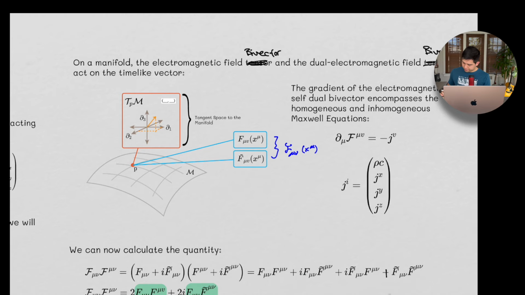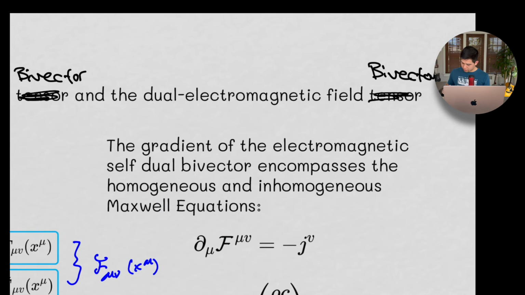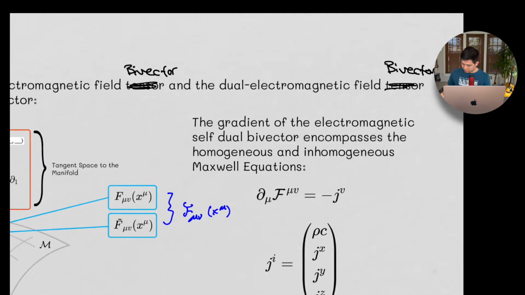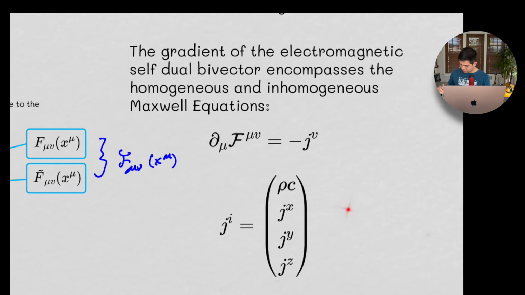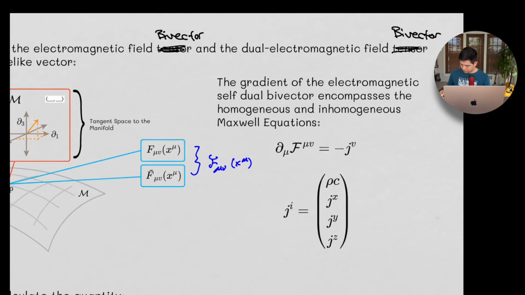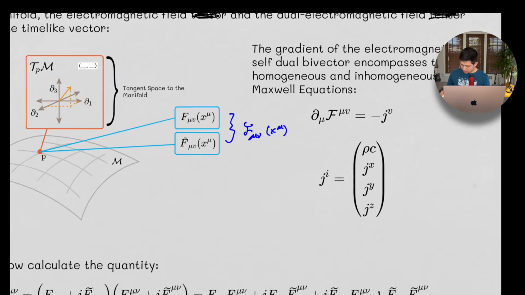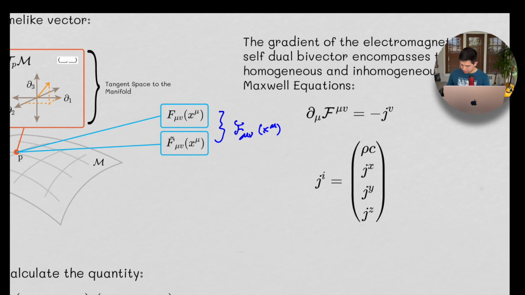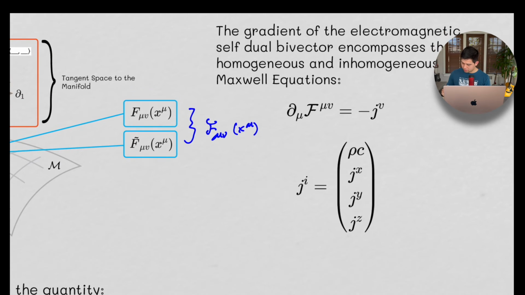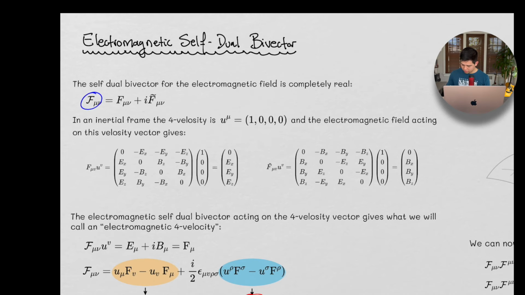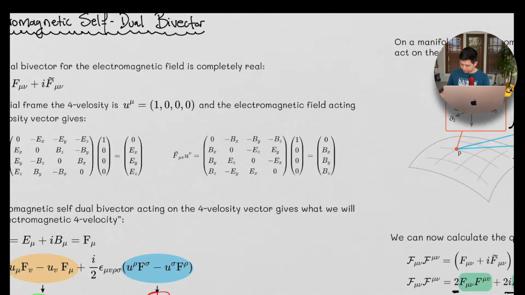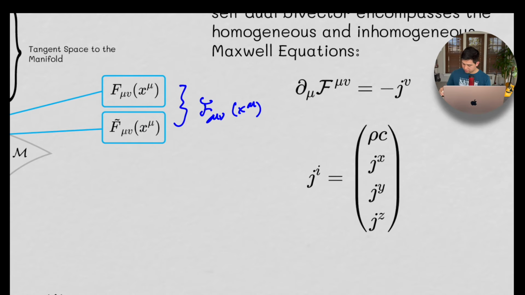And the gradient of the electromagnetic self-dual bivector encompasses the homogeneous and inhomogeneous Maxwell equations, which are these guys right here. And again, these guys here form our electromagnetic self-dual bivector. I try to make this curly because when I typed it out, it looks curly. However, my handwriting is not as good as typing.